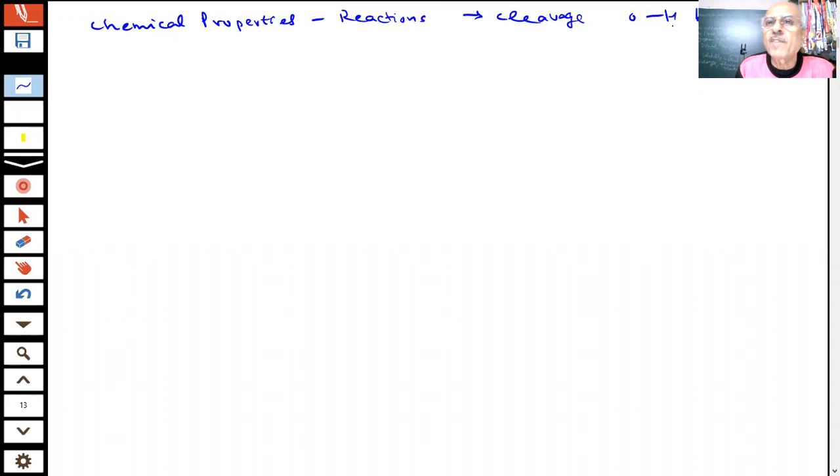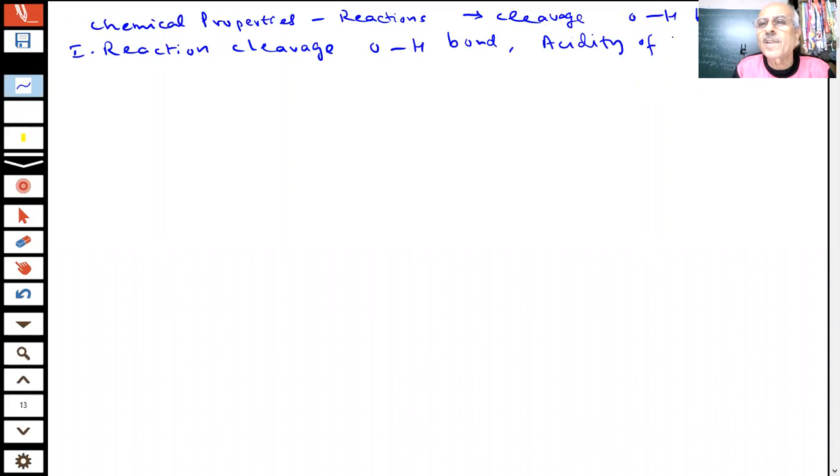So first we will study the reactions of alcohols in which there is a cleavage of the OH bond. That means we are talking of the acidity of alcohols.